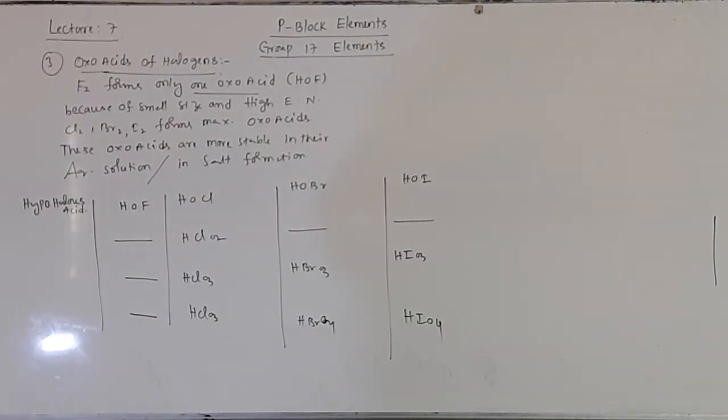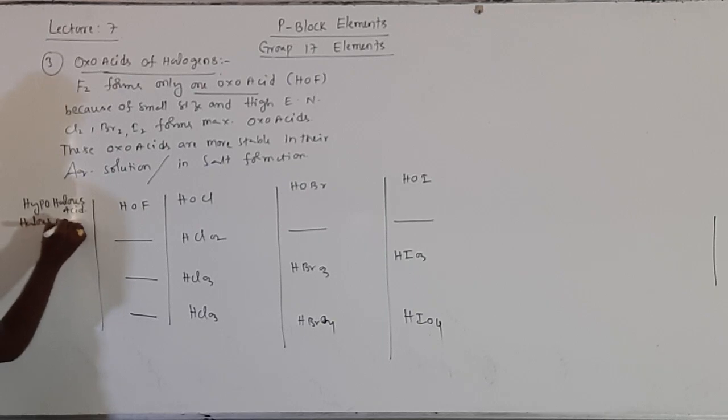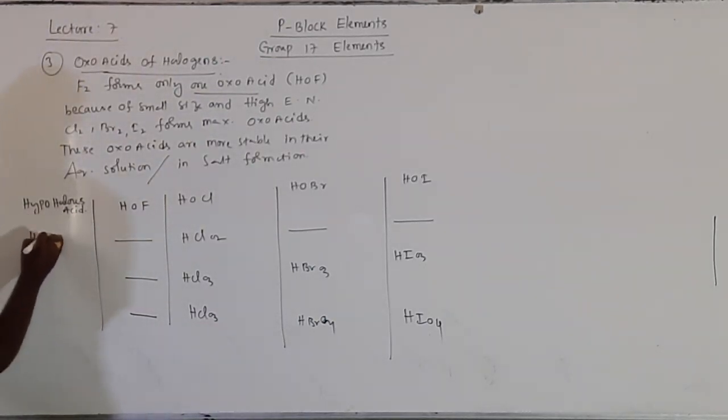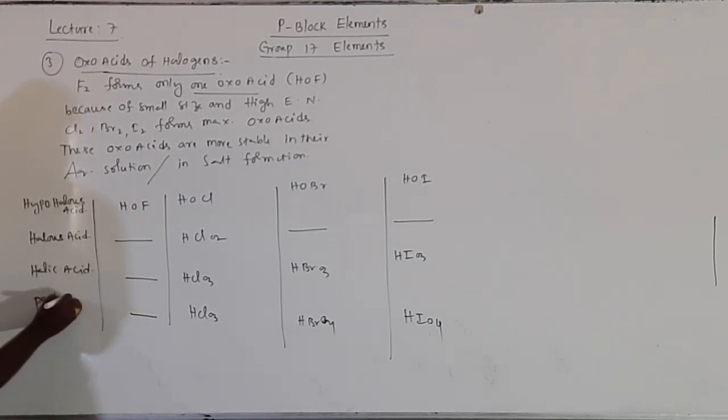The first one is hypohalous acid. Second one is halous acid. Third one is halic acid. Fourth one is perhalic acid.